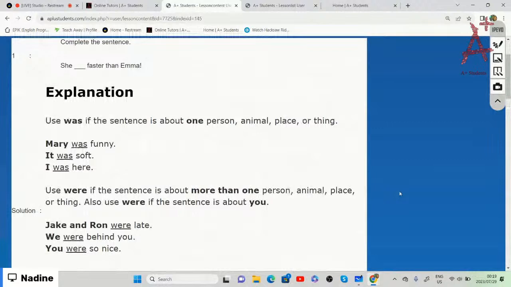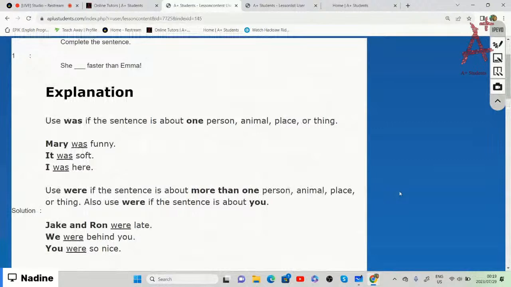All right, so you use was if the sentence is about one person, animal, place, or thing, right?